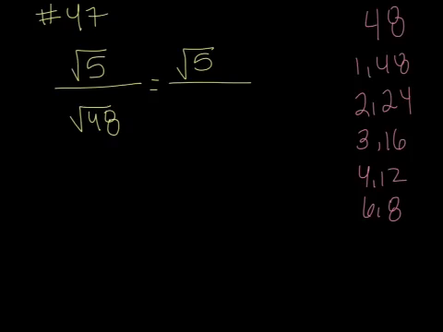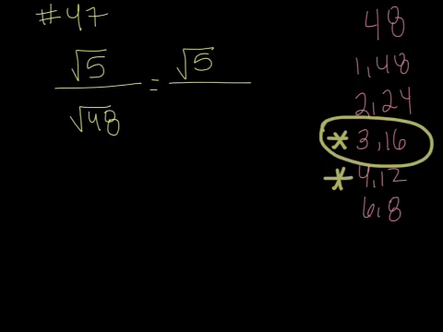I'm going to look for the pair which contains the largest perfect square. Here, we have 3 and 16, and then we also have 4 and 12. With 3 and 16, 16 is our perfect square, and in 4 and 12, 4 is also a perfect square. The way we decide is by judging which one has the largest perfect square. In this case, we're going to use 3 and 16.